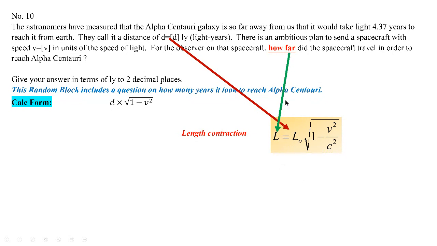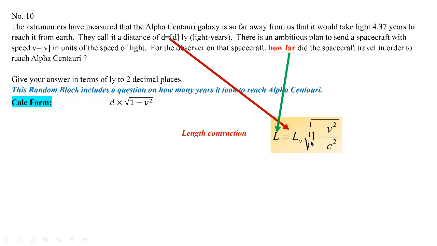What is this L? And this L is the contracted length. This is called Lorentz contraction. And this other one is the distance as measured by the guy on the platform, like in the train station, or the guy measured by mission control. So this is what you use as L0, and this is the answer that you're looking for.